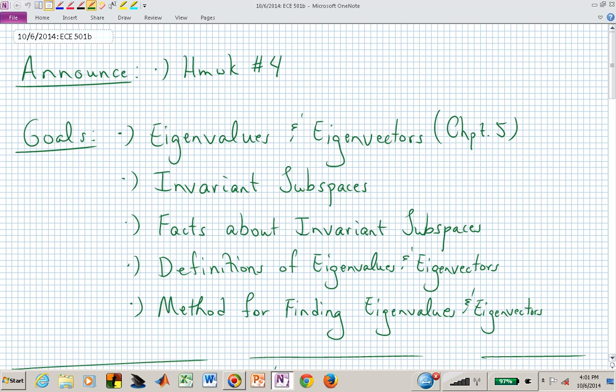It's an invariant subspace. We'll look at some facts about invariant subspaces. We'll look at the definitions of eigenvalues and eigenvectors, and I may actually post another little video on finding eigenvalues and eigenvectors based on the way that the book is assuming we know eigenvalues and eigenvectors.